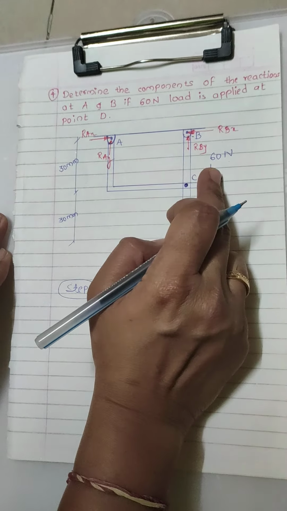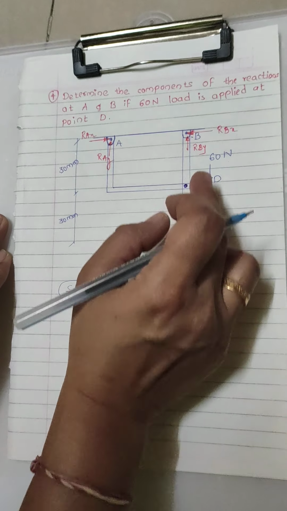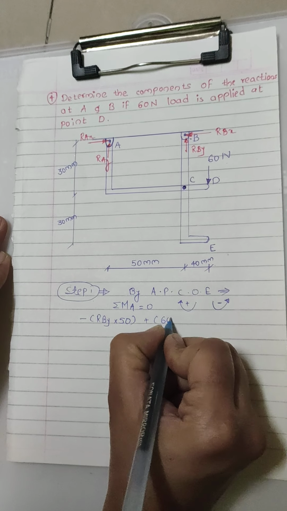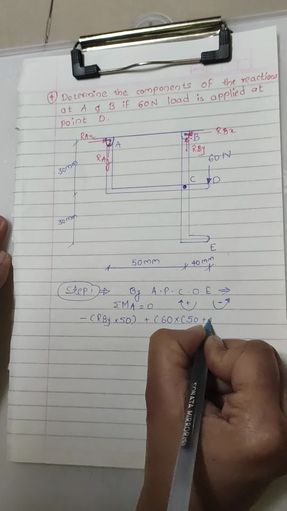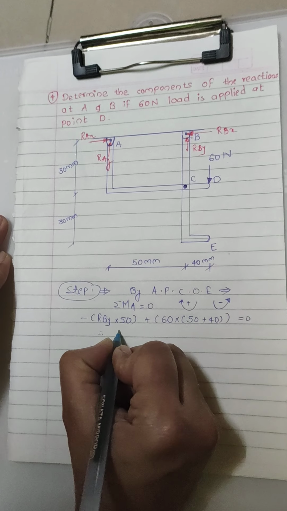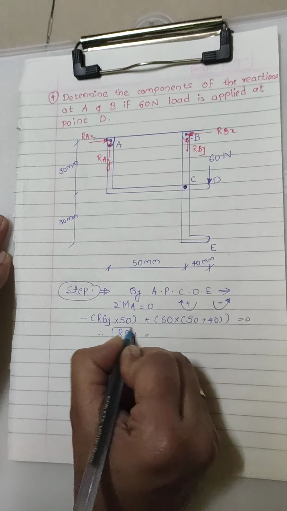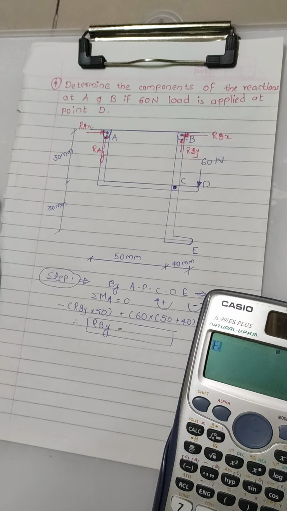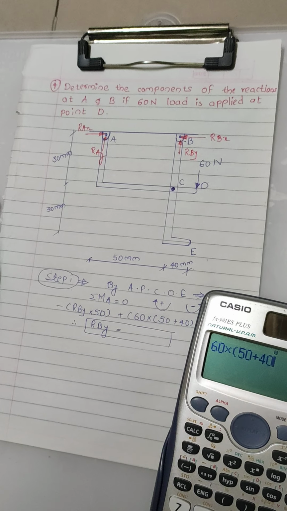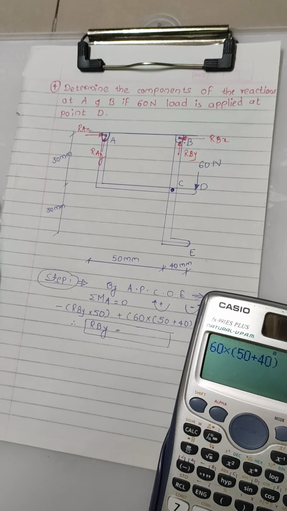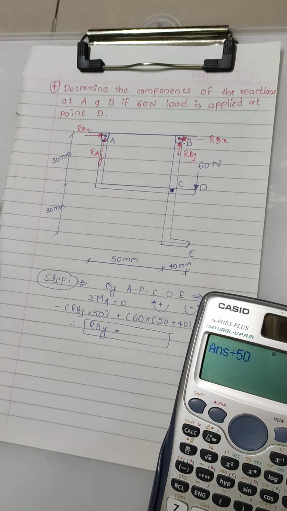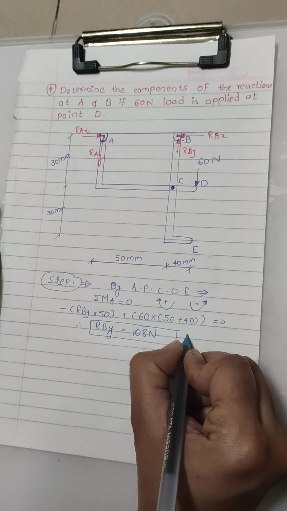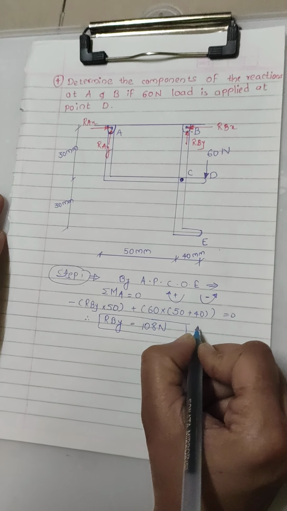And moment of this 60 Newton at A will be 60 into (50 plus 40), and it is acting clockwise. So in the first step we will be getting the value of RBY, it is 108 Newton. Answer is plus, means my assumption is correct. It is acting in upward direction.